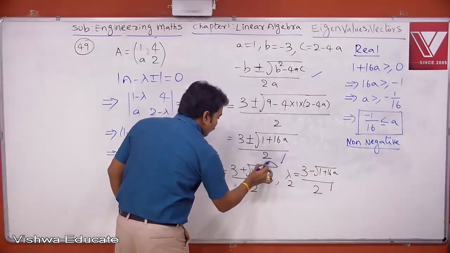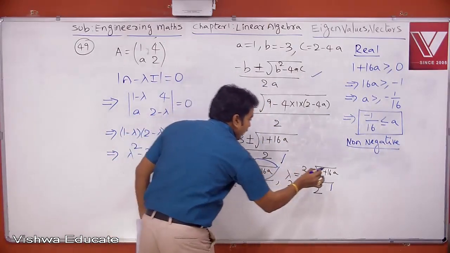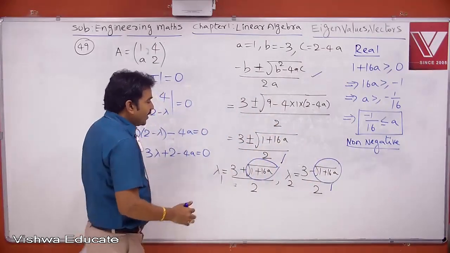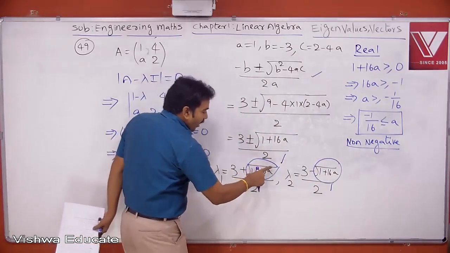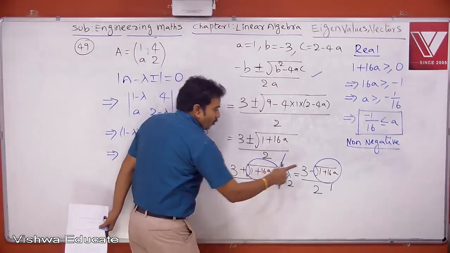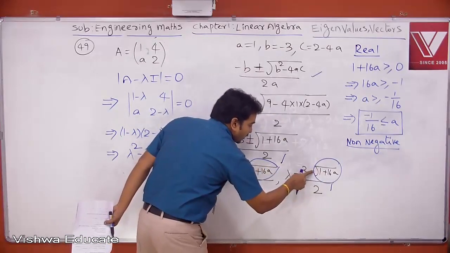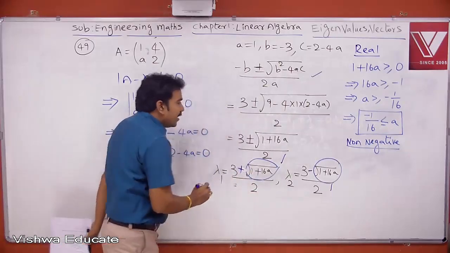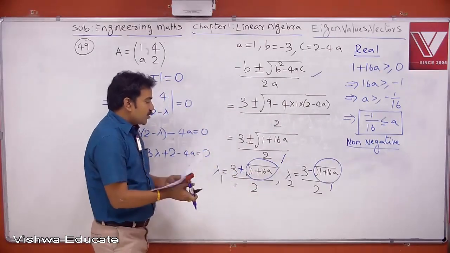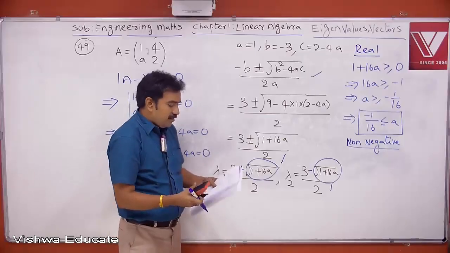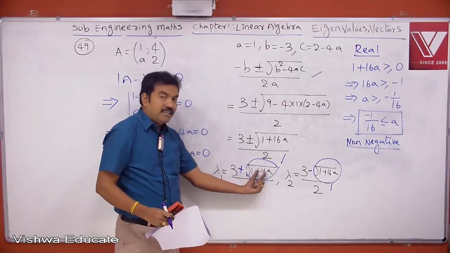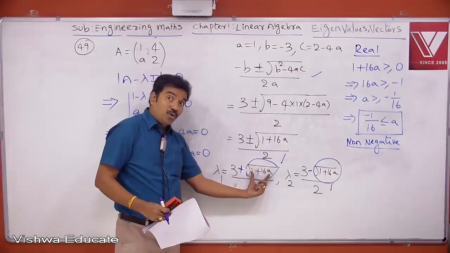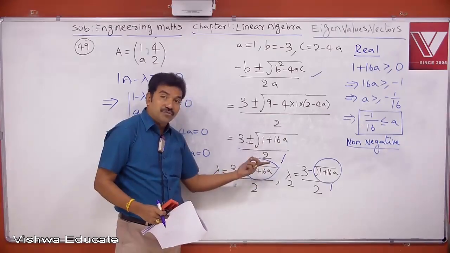Here this is square root of 1 plus 16a. Because here the minus symbol is there and this is with the plus symbol. What I mean to say is, the maximum value of square root of 1 plus 16a is at most 3.